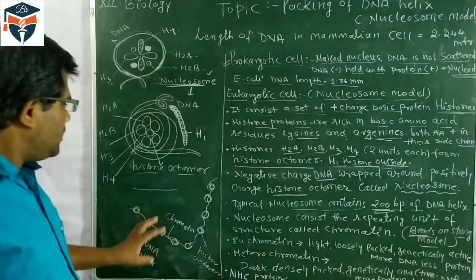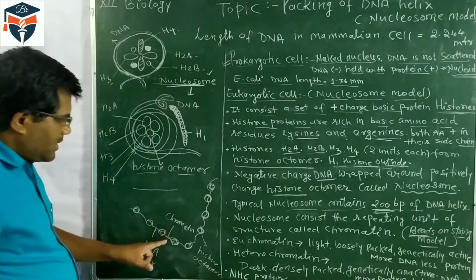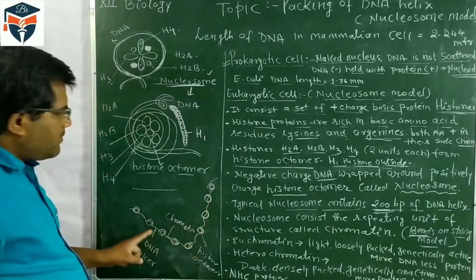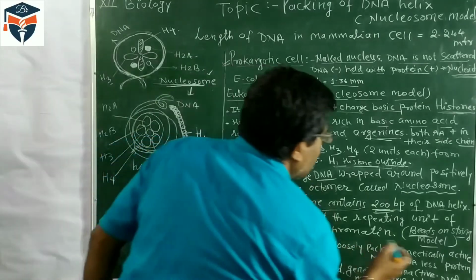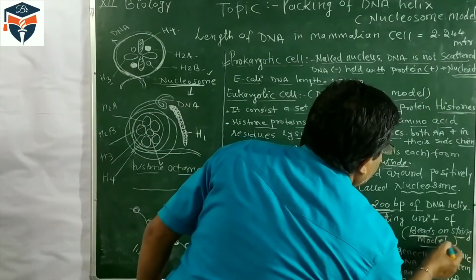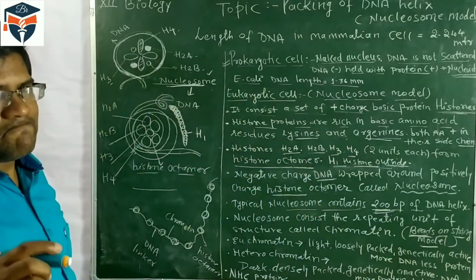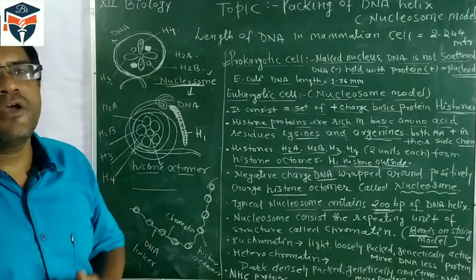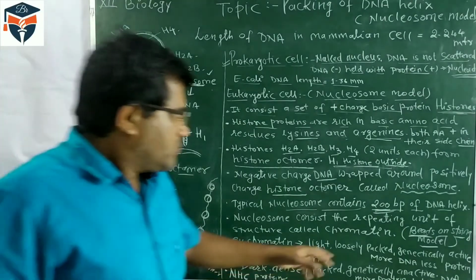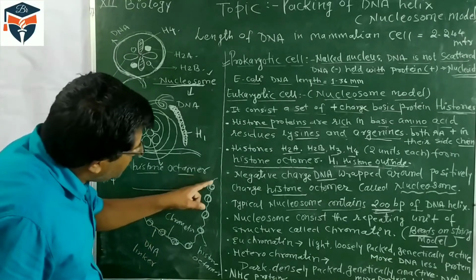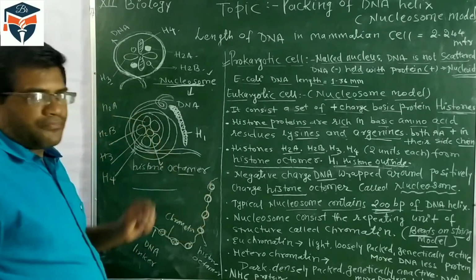So chromatin is a thread-like structure and histone octamers are the bead-like structures, and that's why this nucleosome model is also known as the beads on string model. One thread-like structure and some beads on it. So, the beads on string model.